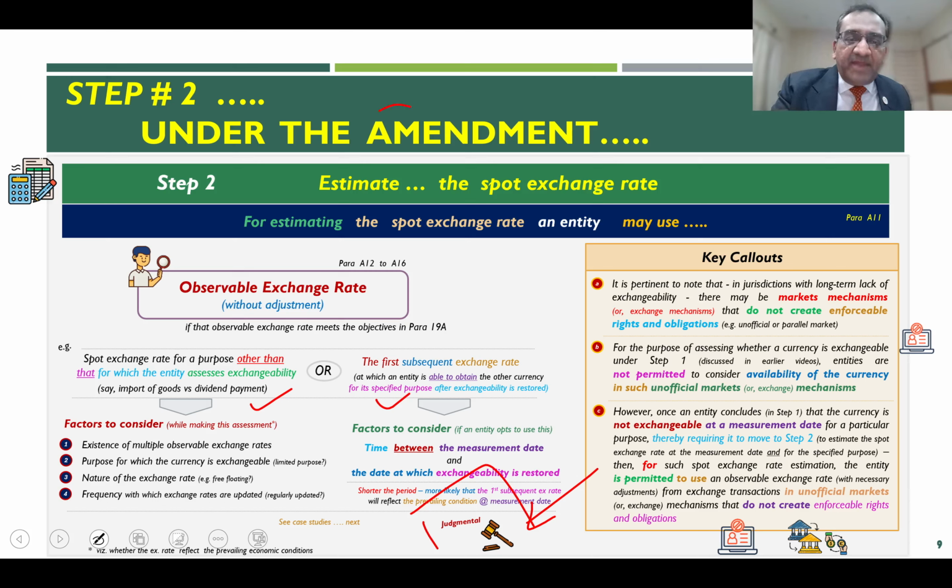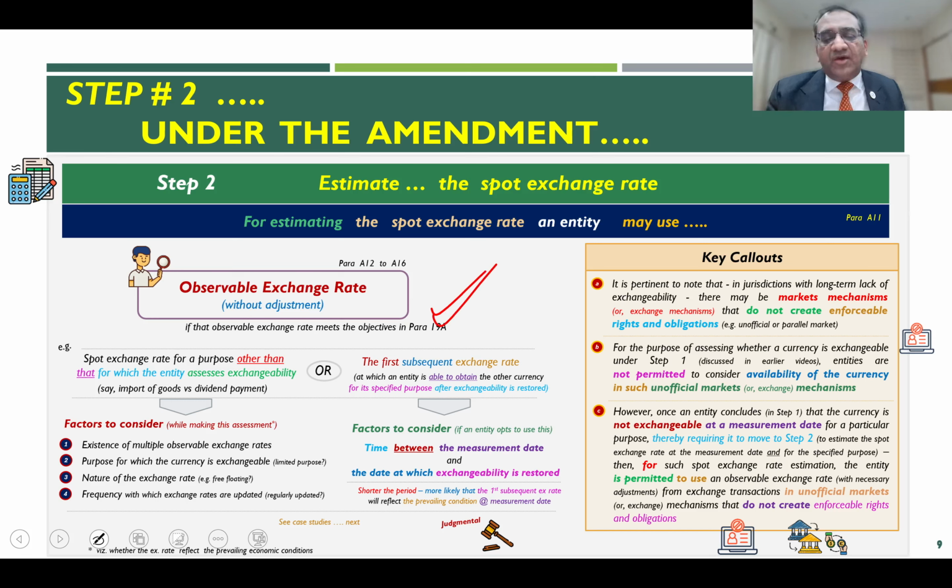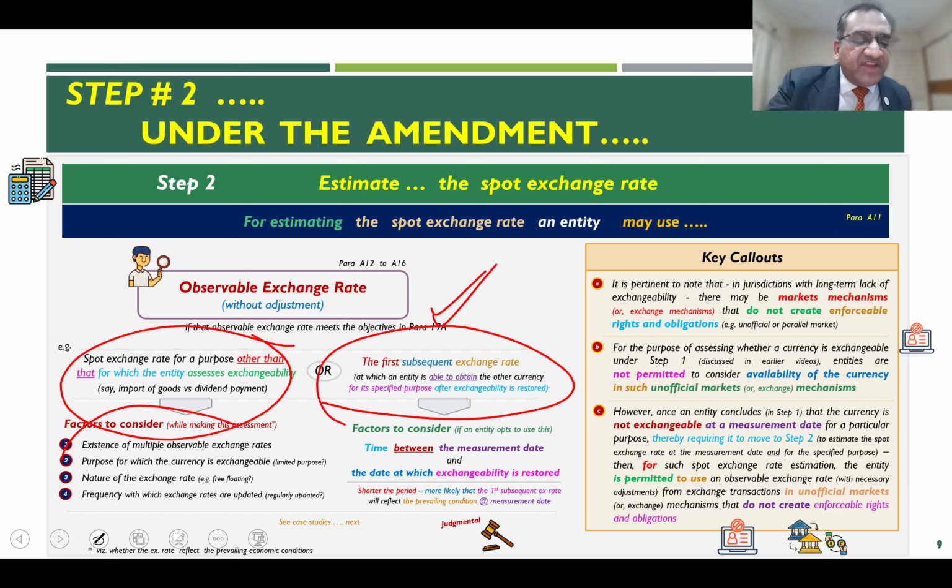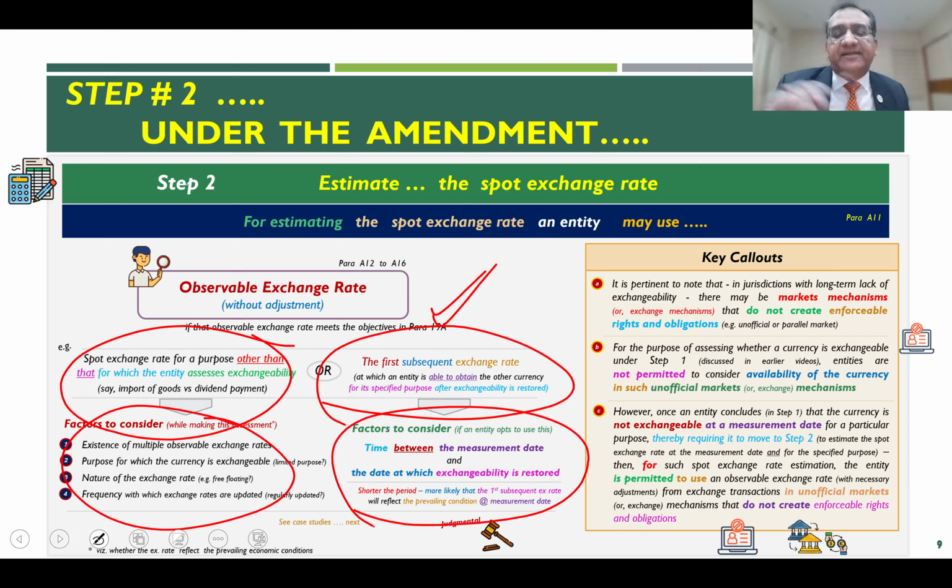The amendment gives you flexibility, without mandating which methodology to use. It gives only the framework and tells you how to go about it, which possible methodologies you can apply, and what caveats you need to look at.